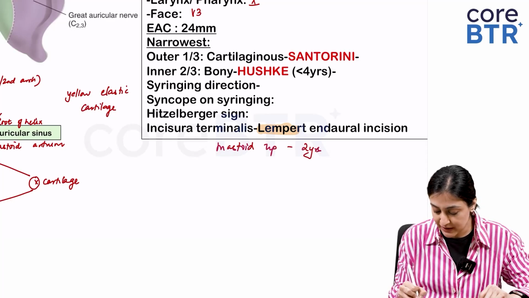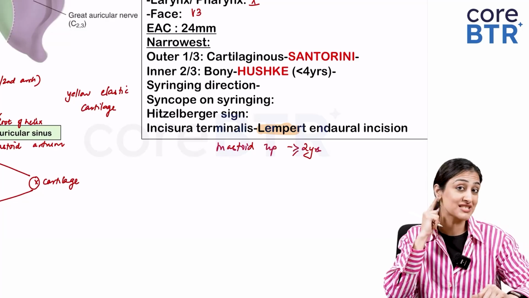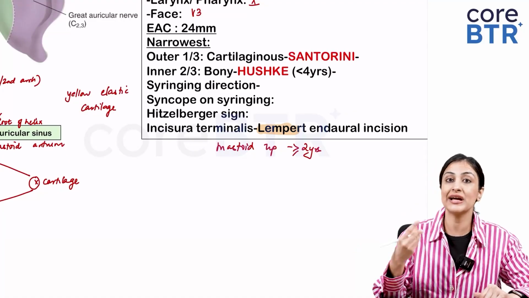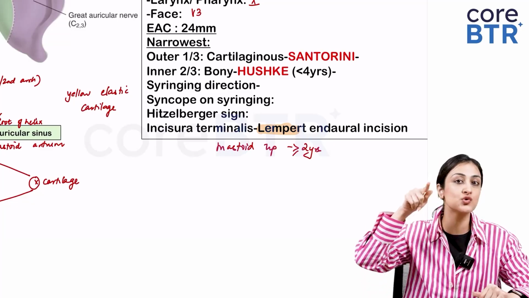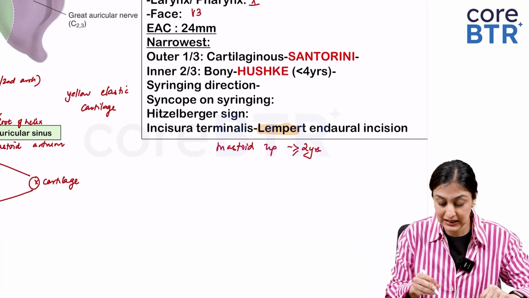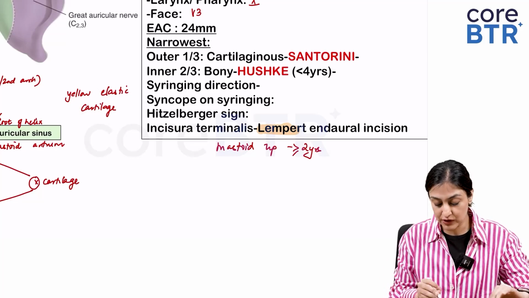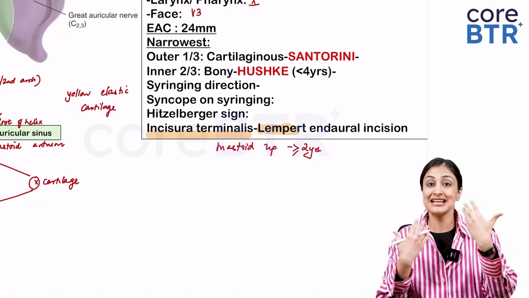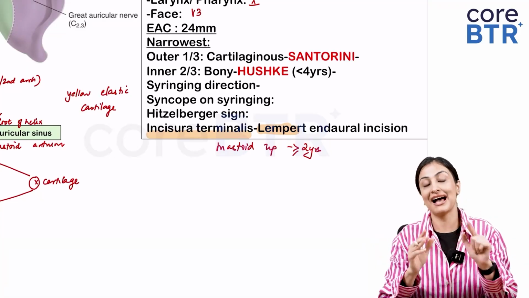So it only forms after 2 years. So before 2 years, it's not safe there because you might just injure the cranial nerves. So that's why before 2 years, one approach is go through the external auditory canal, and that is Lempert's endaural incision, which is given at incisura terminalis. And through that, you learn that incisura terminalis does not have cartilage, right?